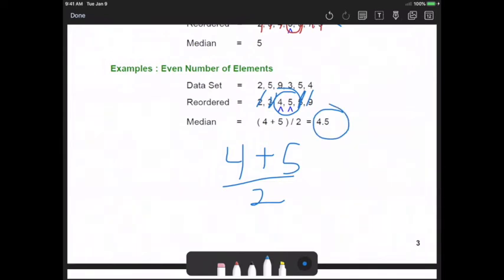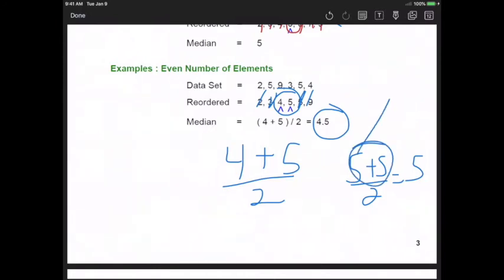So if these numbers are 6 and 7, you add them, divide by 2, you get 6.5. If there's 6 and 10, you add them up, which is 16, divide by 2 is 8. If it's 5 and 5, you divide by 2, you know the answer is going to be 5 because 10 divided by 2 is 5. So if they're the same number, that's going to be your median number. All right, so that's median.